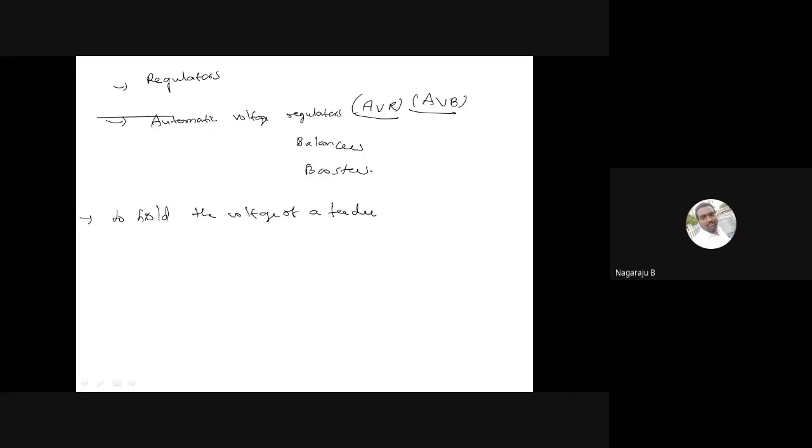You can use the automatic voltage regulator, and the regulator may be installed at the substation or on feeder lines, on the poles.